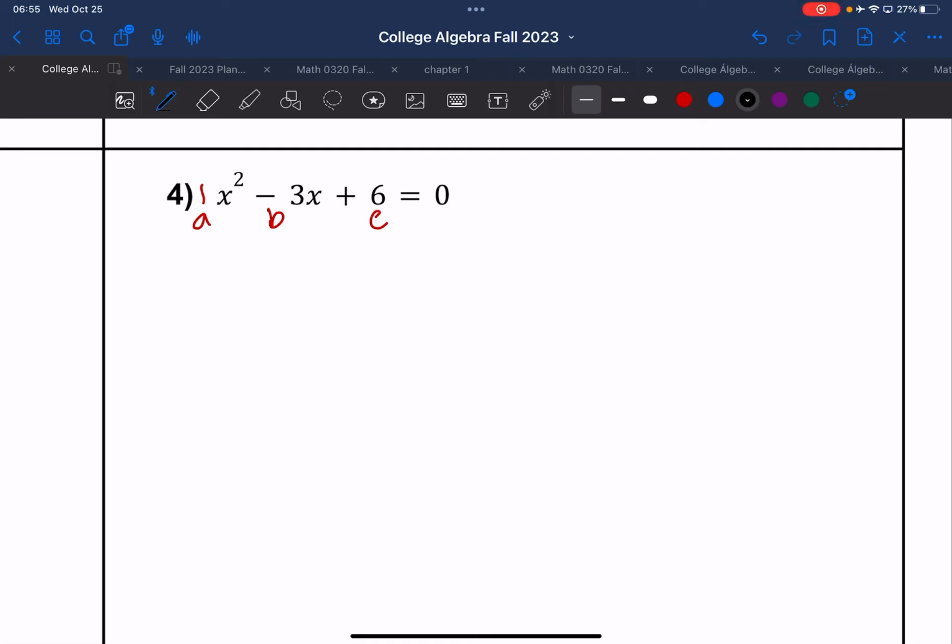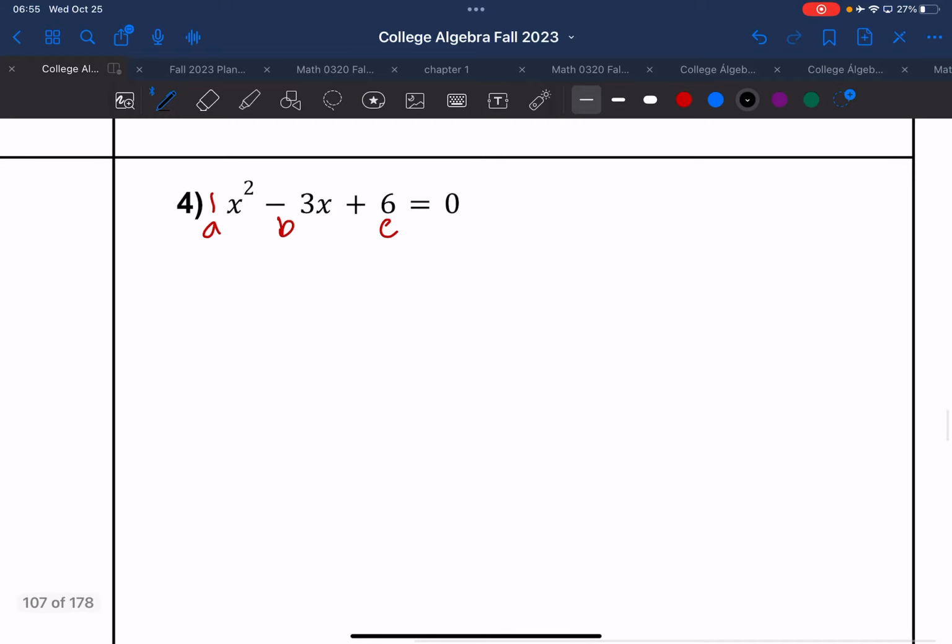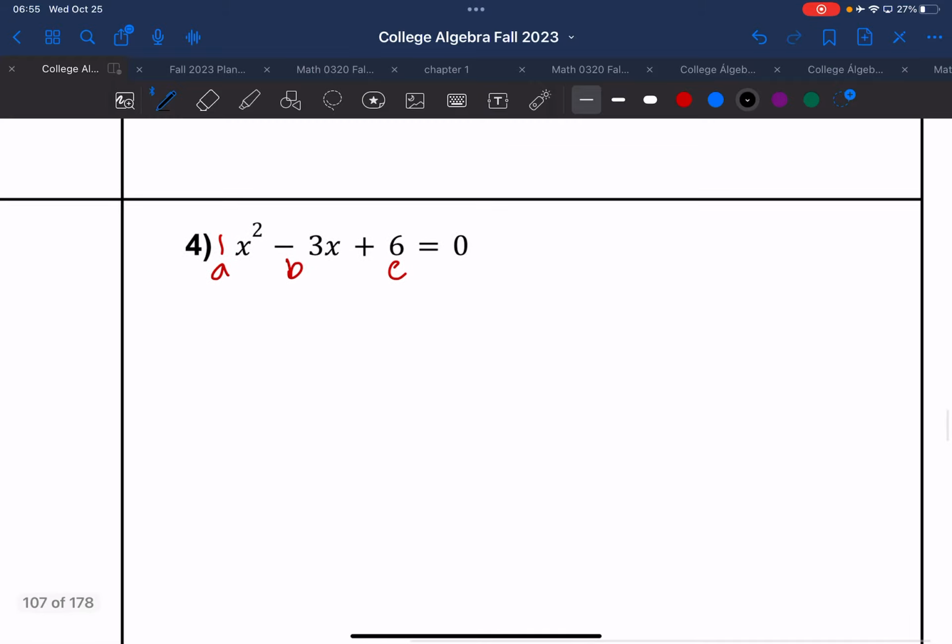Okay. Instead of writing the formula this time, I'm just going to start plugging everything in. So I know I have x is equal to negative b. So what would I write for negative b? Just a positive 3, right? Because our b is already negative. So minus a negative, same as plus a positive. So 3 plus or minus the square root of b squared.